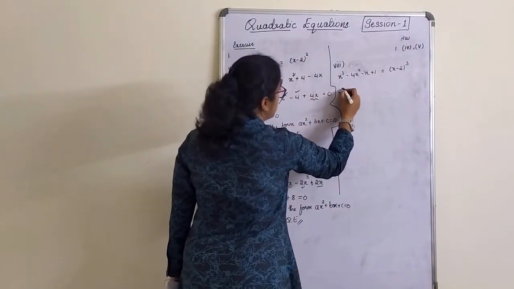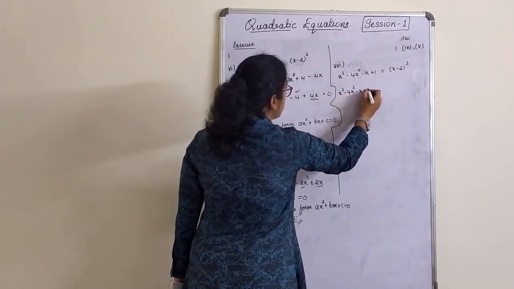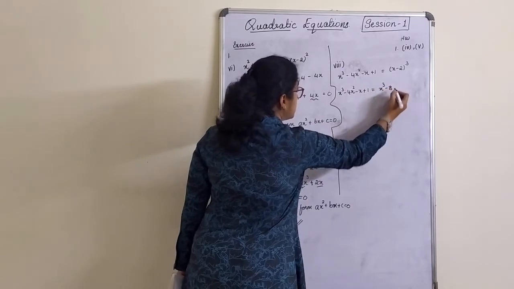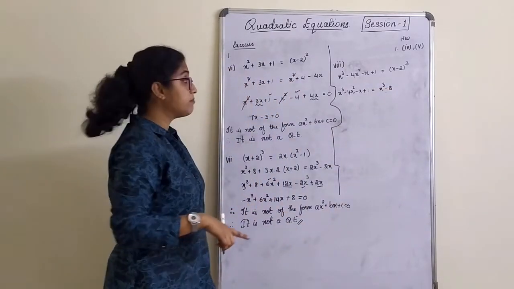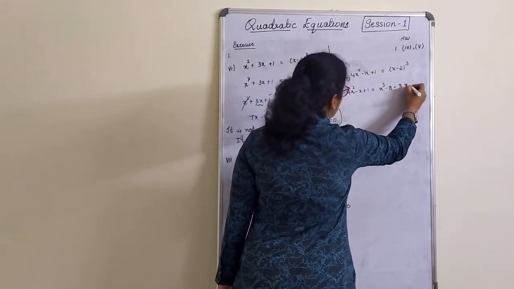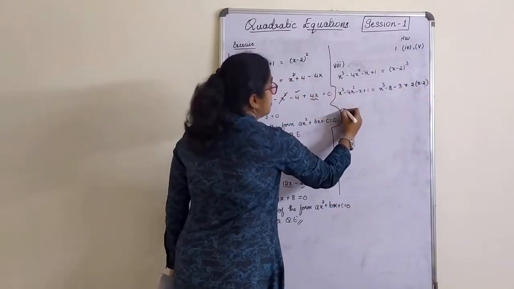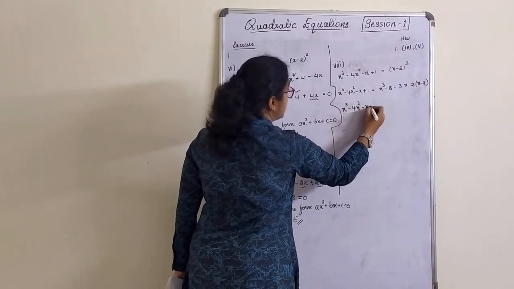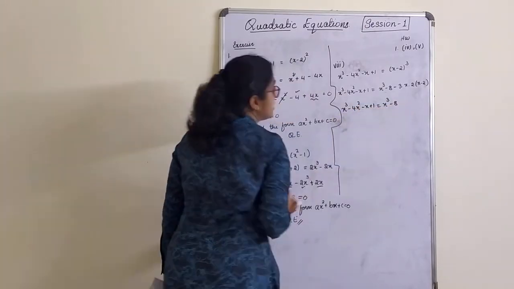So x cube as it is, minus 4x square minus x plus 1 is equal to a cube minus b cube minus 3ab(a minus b). Here it was a plus b, there it is a minus b. So x cube minus 4x square minus x plus 1 is equal to x cube minus 8.